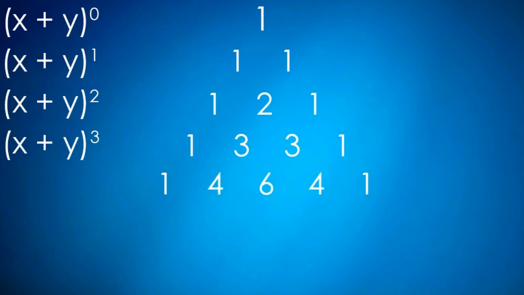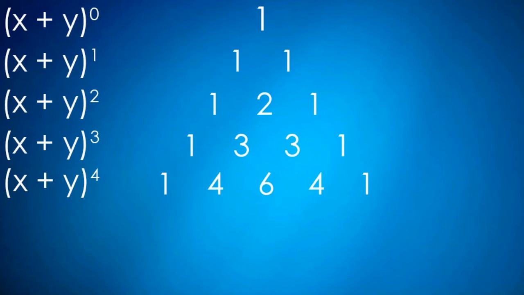Below 1, 3, 3, and 1 are numbers 1, 4, 6, 4, and 1. These numbers represent the coefficients of each term of a binomial raised to the fourth power because quantity x plus y raised to 4 is equal to x raised to 4 plus 4x cubed y plus 6x squared y squared plus 4xy cubed plus y raised to 4.